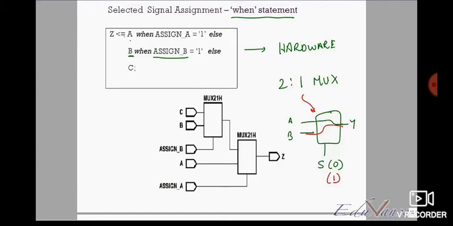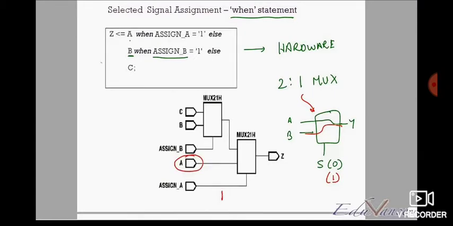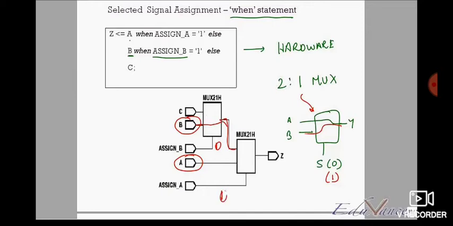So effectively, my Z gets the value A if assign A is 1, else my Z would get B if assign B is 1, else if both are 0, which is the last else condition, then I would get C.